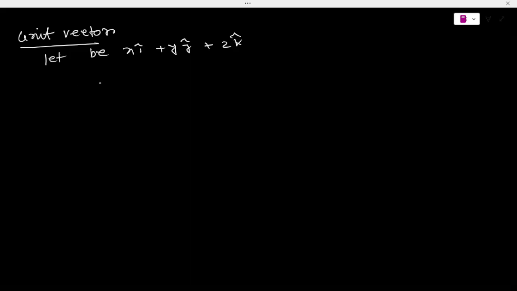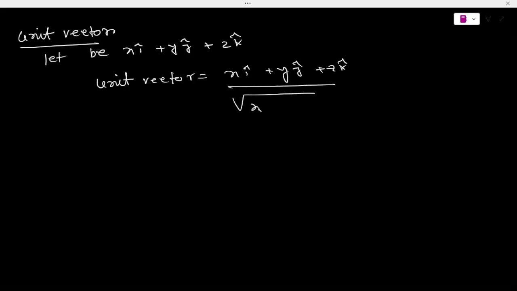So the unit vector will be x of i cap plus y of j cap plus z of k cap, divided by root over of x square plus y square plus z square. Okay, so that's the thing.